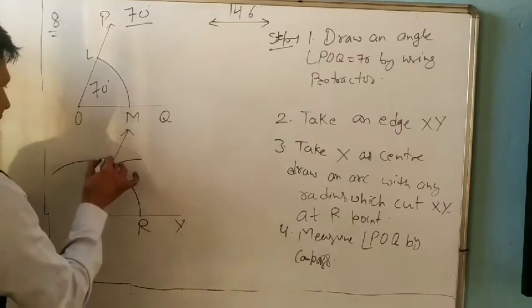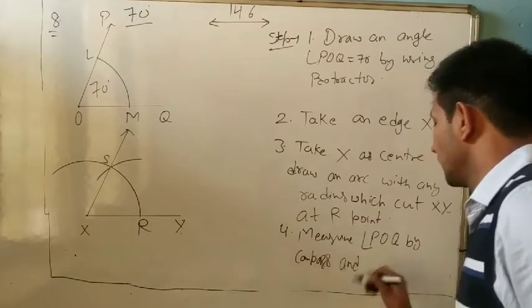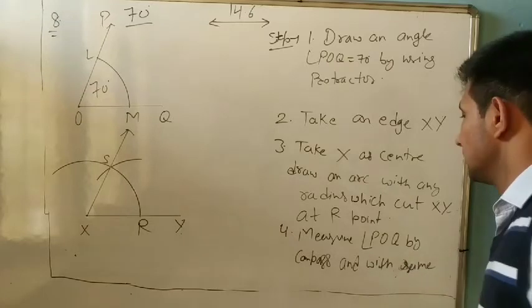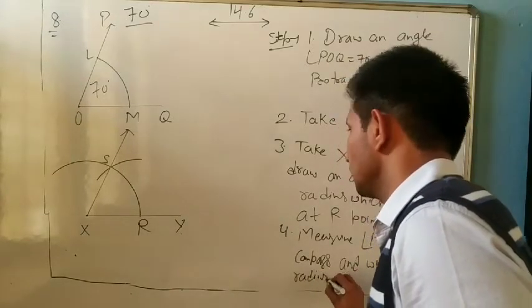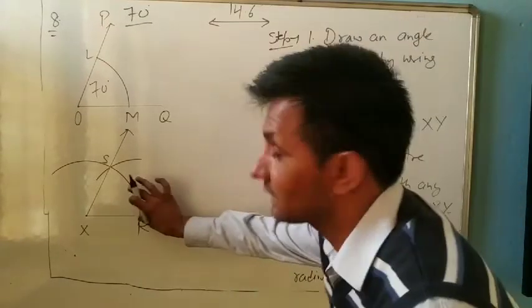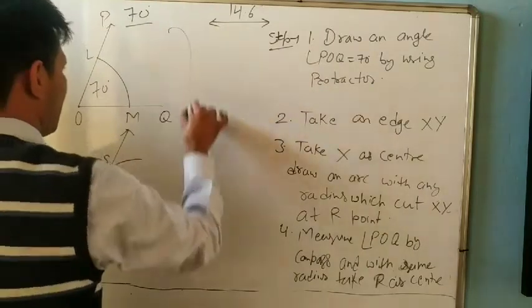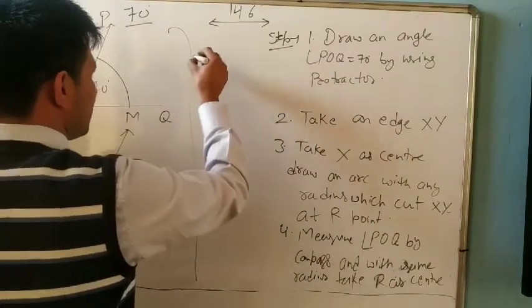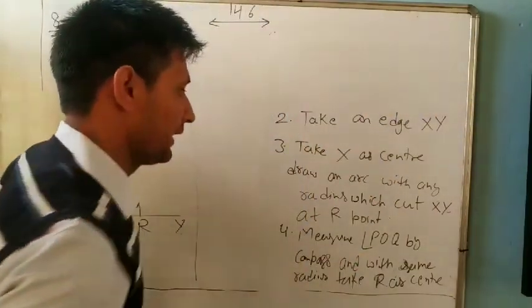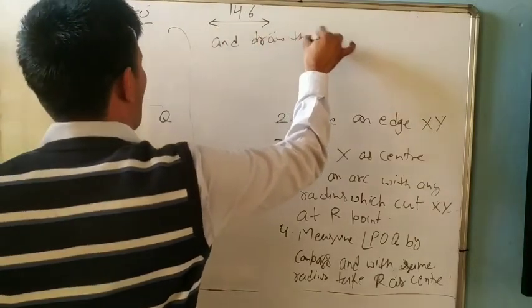Its name you can also give S. So write: measure POQ by compass, and with the same radius, take R as center and draw the arc.